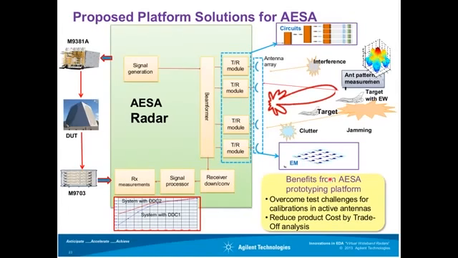So essentially, the proposed solution should be like this. Firstly, we can structure the active antenna system like this. If you want to look into the detailed performance for all the TR modules, we allow you to push into the circuit level to get detailed performance.